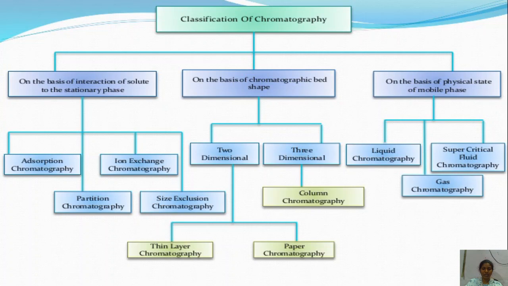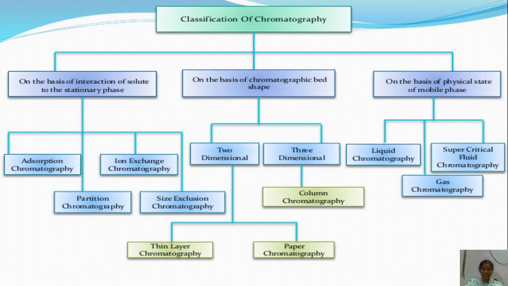Means the molecules just attach onto the surface of the stationary phase. If the components undergo exchange with the stationary phase molecules, then that chromatography is called ion exchange chromatography.